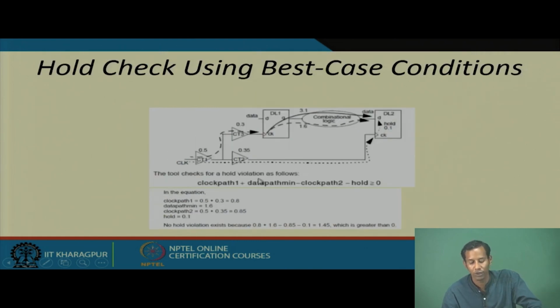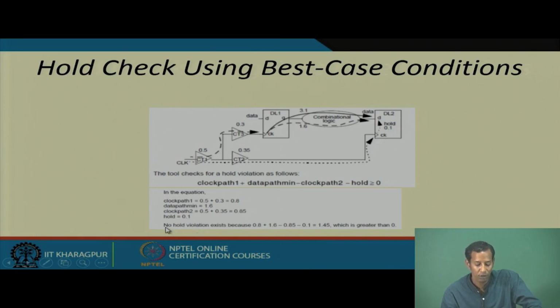So, the equation is clock path 1 plus data path min minus clock path 2 minus hold. In this equation, clock path 1 is 0.5 plus 0.3, which is 0.8. The data path minimum is 1.6, the maximum is 3.1. Then clock path 2 is 0.5 plus 0.35, which is 0.85, and the hold requirement is 0.1.